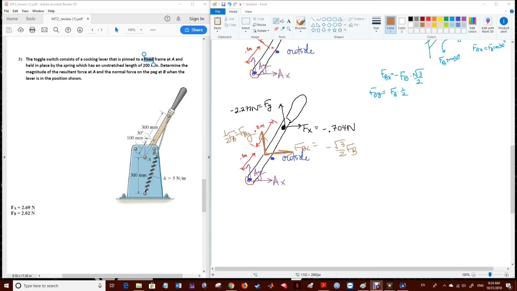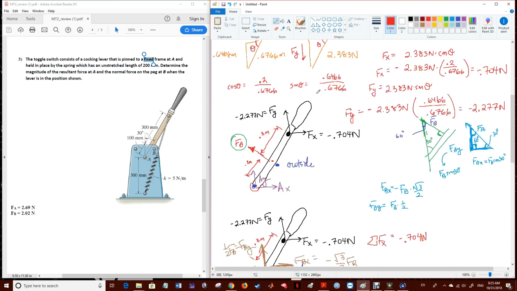Now, having represented all of these forces at those 3 points in terms of x and y components, naturally what I would do is find the sum of forces in the x direction and the sum of forces in the y direction. And I'll numerically leave it as these symbols. The x component of the force due to the spring, which points downwards and to the left, or in other words, into the third quadrant, will be a negative value of 0.704 newtons.